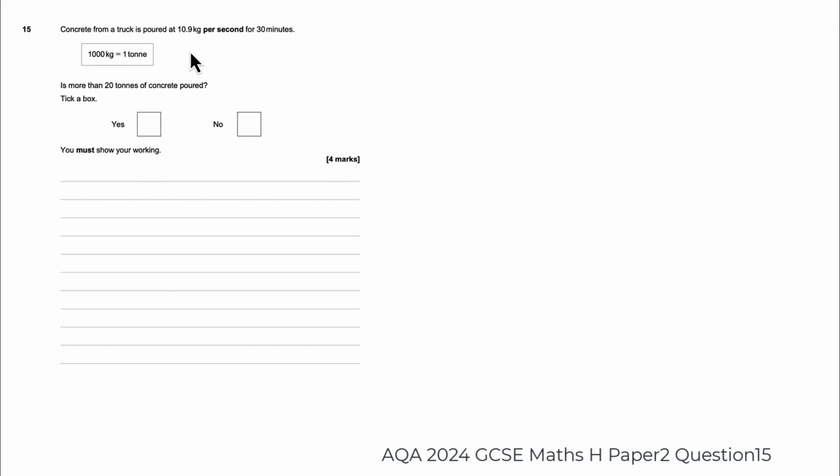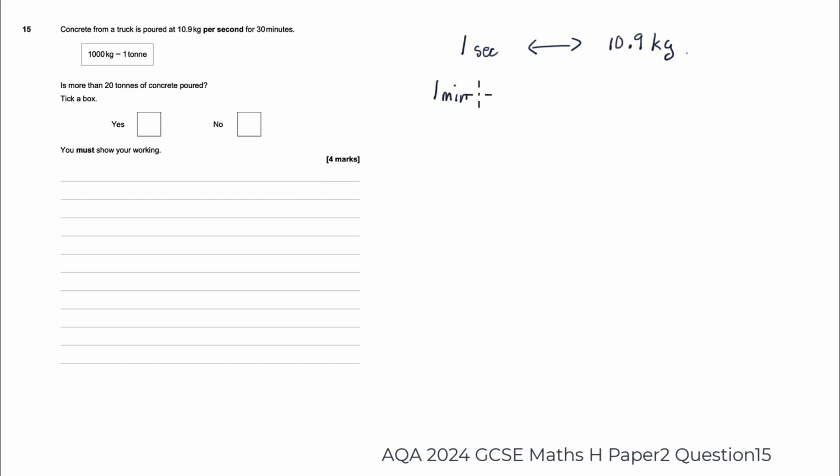Well, let's think what this means. It's pouring 10.9 kilograms each second. So 1 second would correspond to 10.9 kilograms. Well, let's work up to this 30 minutes. Let's just try 1 minute.